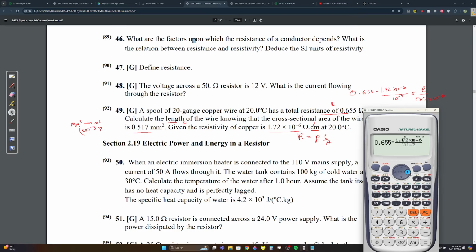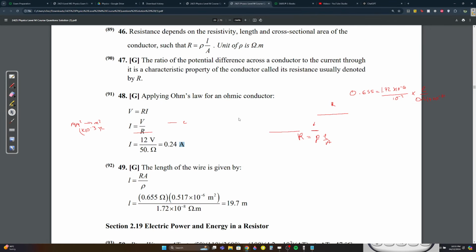Hold up, I forgot to include the length. I'm so sleepy. I just keep it as x, and down we have 0.517 times 10 to the minus 6. Shift, so you get this. I don't know why, but I feel like this is wrong.